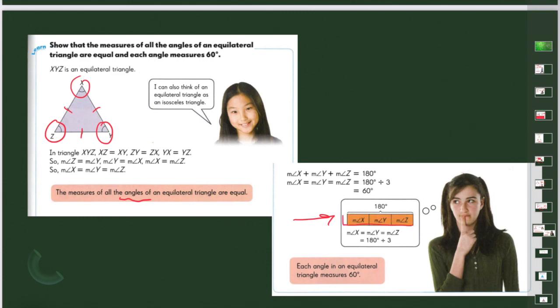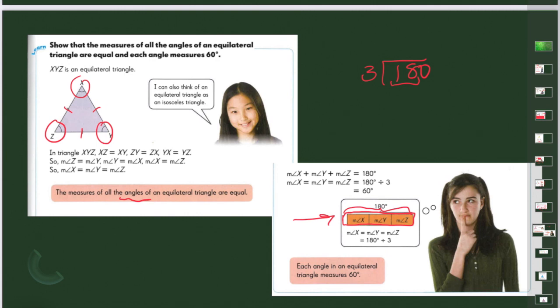Well, we know that all angles in a triangle, when combined, have a sum of 180 degrees. So I would need to divide 180 degrees equally between the three angles.